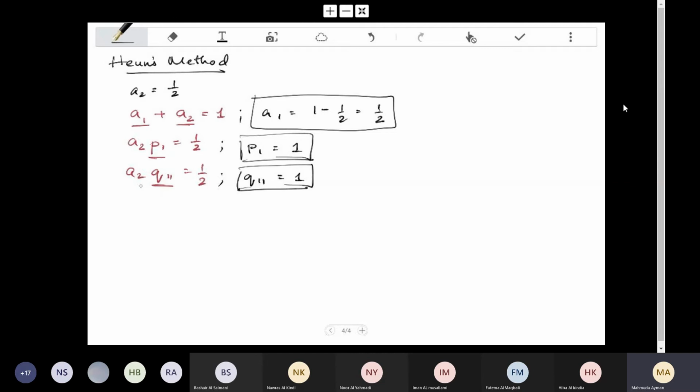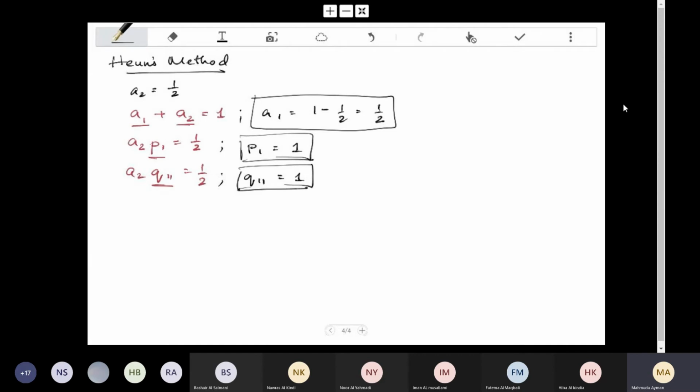So that's just replacing a2 with half. So you'll have half times p1 is equal to half, so 2 will go on the other side and multiply, and you will have only 1 there.